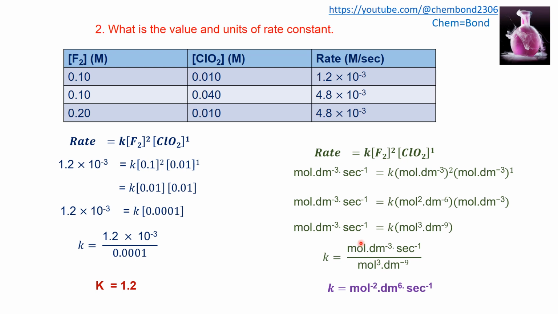So if we cancel out 1 mole with this 1 mole from 3, we will be left with 2. So if we move this mole to the numerator side, it is mole minus 2. And if we move the dm minus 6 to the numerator side, we will get dm6, and the per second is already in the numerator side. So the unit for K for this data is mole minus 2 dm6 per second.